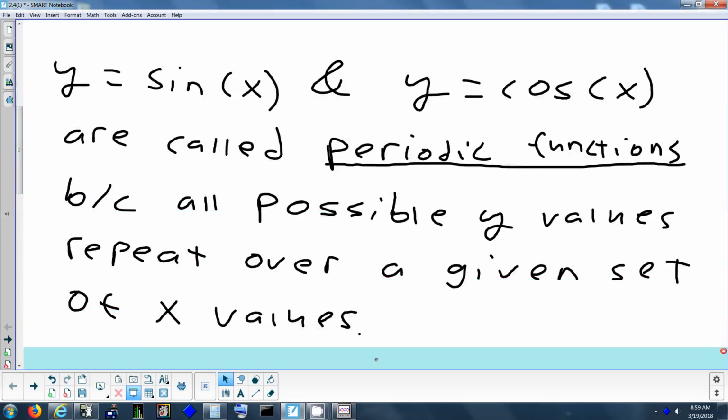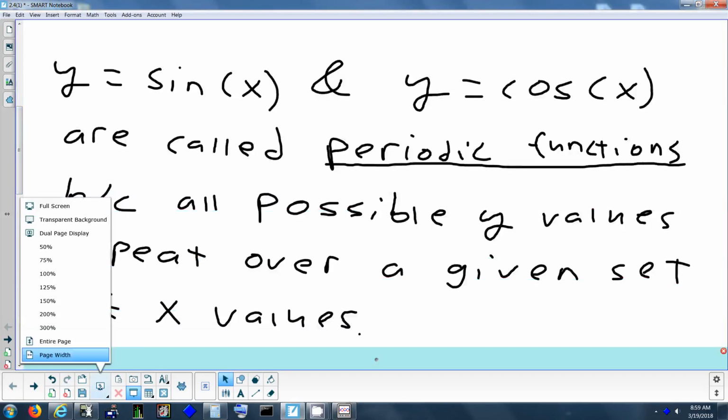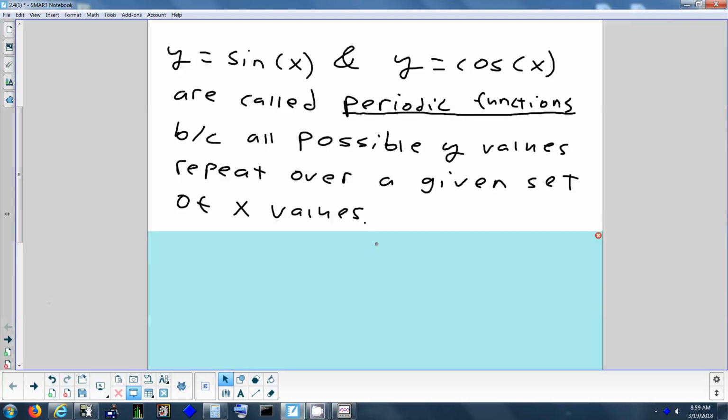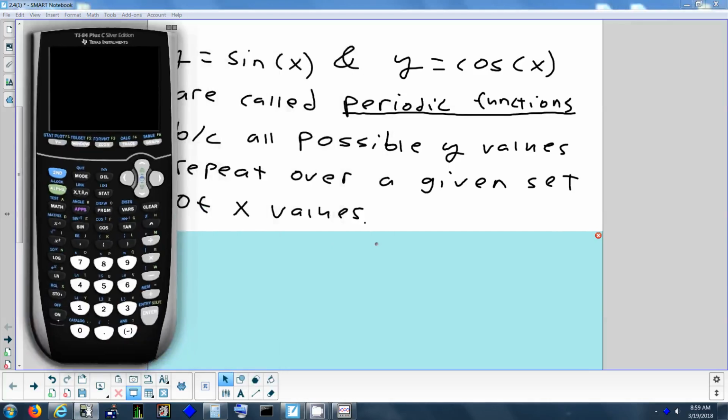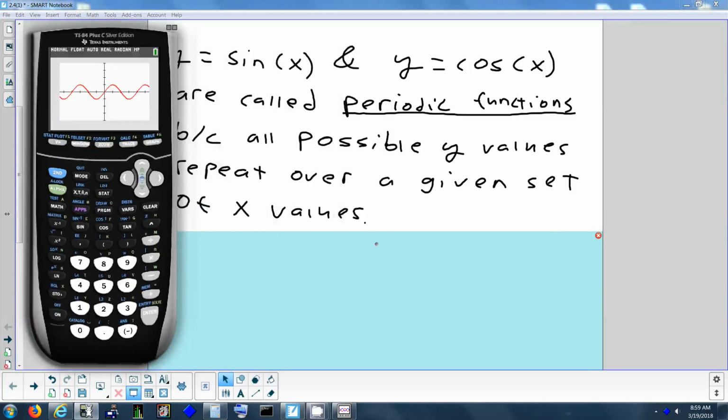So the y values that a sine or a cosine function can basically take on are anything between -1 and 1. Okay, if you look closely at the graph I have right there, that's the graph of sine. It says sine at the top. The highest it goes is 1.